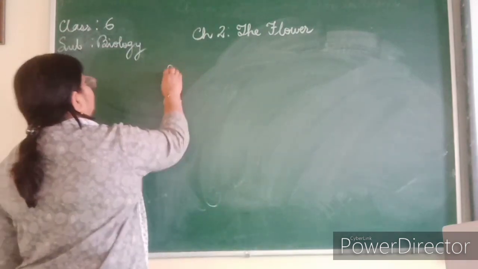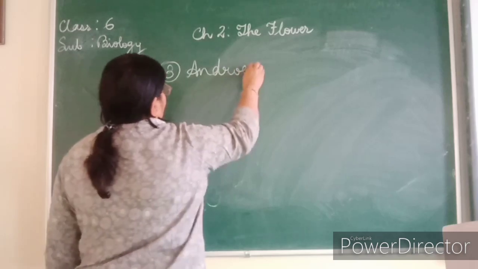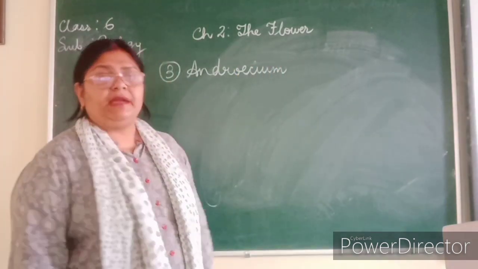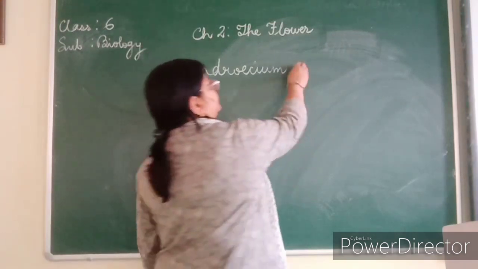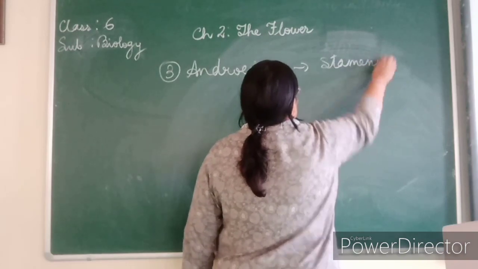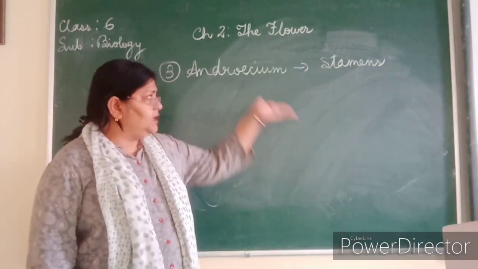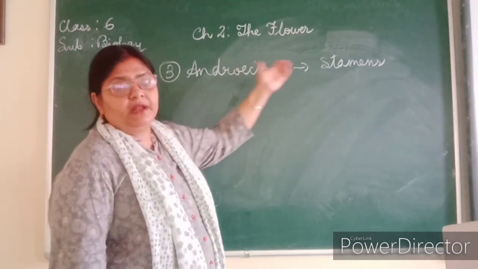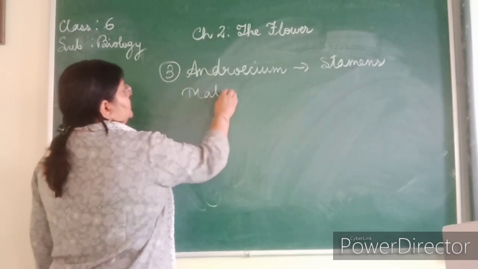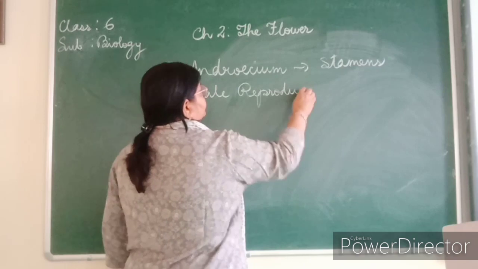So the third whorl is the androecium. The androecium is actually made up of stamens. The number of stamens may vary from flower to flower, from plant to plant. Androecium is made up of stamens, and this is the male reproductive part of plants.